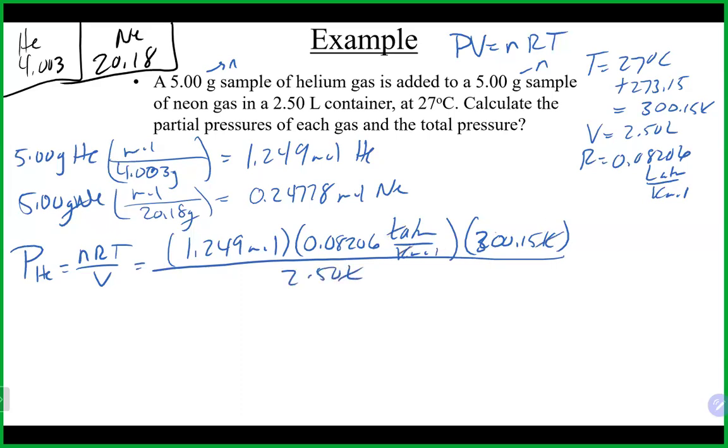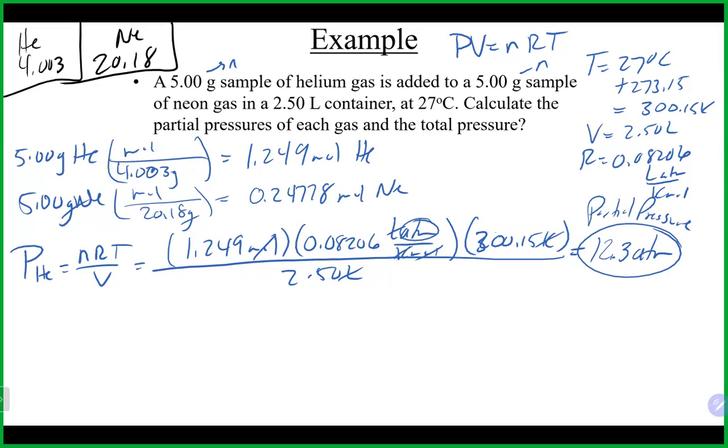Liters are going to cancel, Kelvin cancels, moles cancel, leaving atmospheres left over. And that's going to get us 1.249 times 0.08206 times 300.15 divided by 2.5, which is 12.3 atmospheres. And that would be our partial pressure of helium, basically, in this case. Any question on that calculation there?